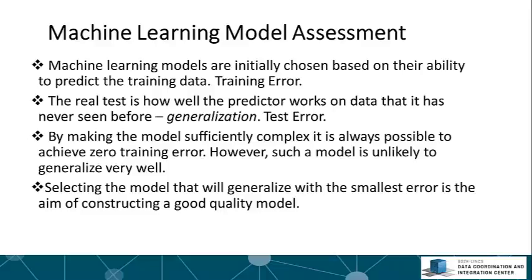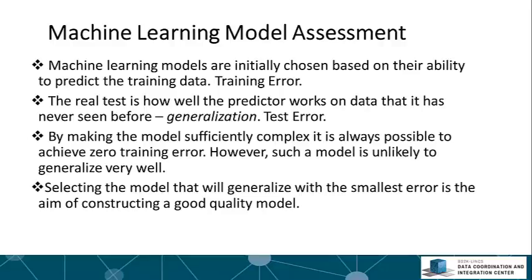Finally, we're going to think a little bit about the assessment of machine learning models. That is to say, how do we assess the performance of a model and select the best one? So initially, we might choose the machine learning model that has the smallest prediction error, the one whereby we predict the value of the output and choose the model that minimizes the difference between our prediction and our training data.